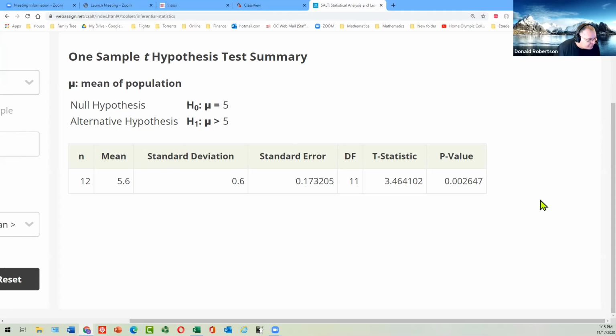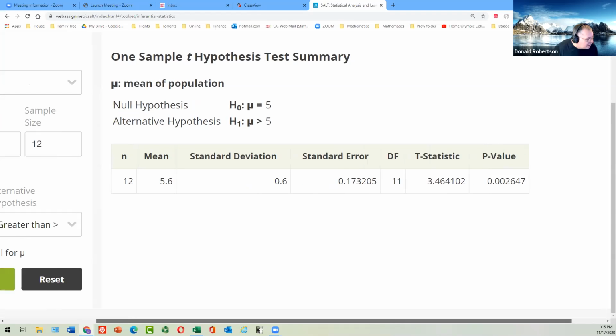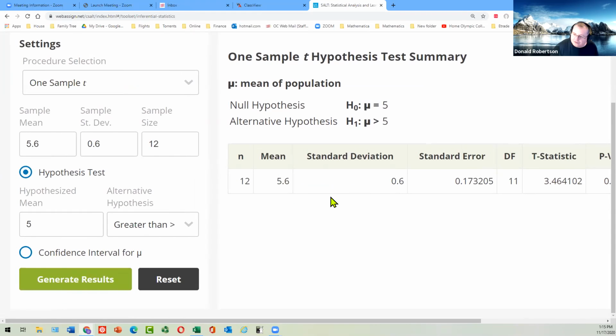It's 0.00267. And do you know at the top, they've got my little null and alternate hypothesis written as well. Are we okay with what I've just done? Any questions you ask?